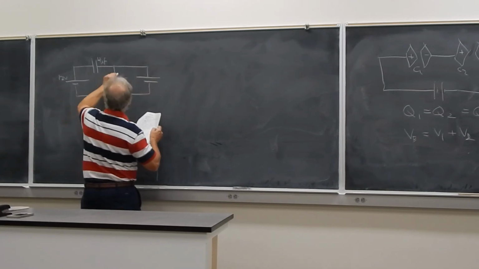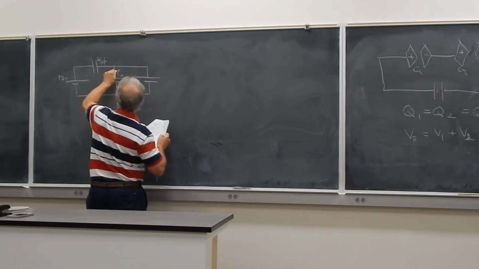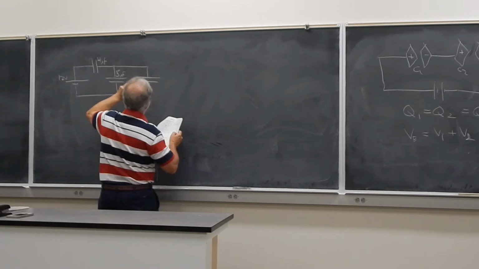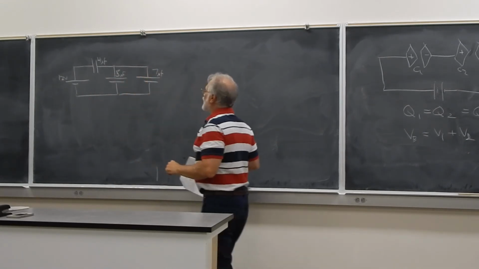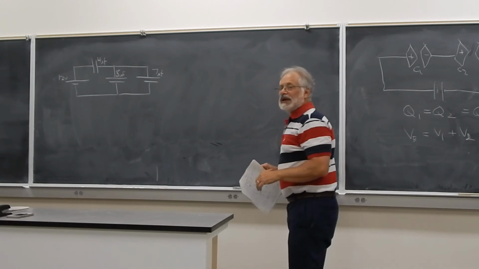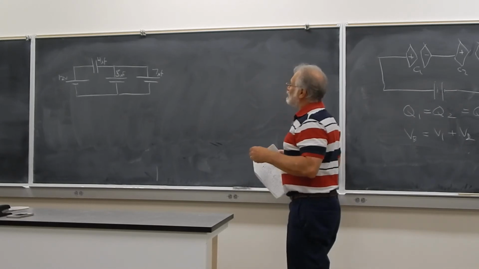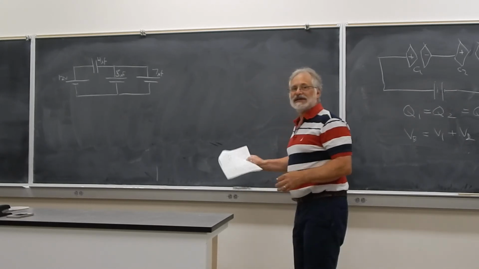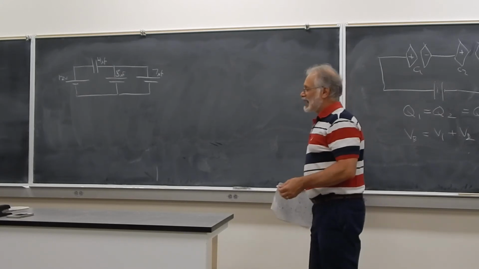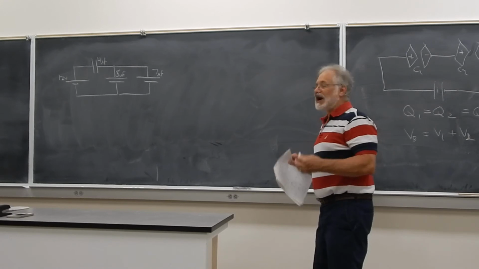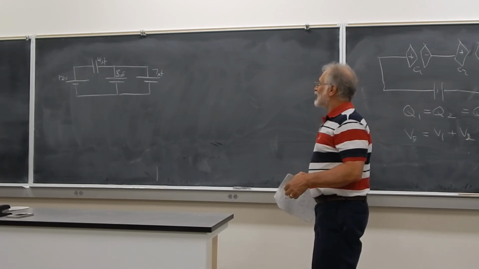And I have a 5 microfarad capacitor here, a 5 microfarad capacitor here, and a 7 microfarad capacitor here. And the question is going to be, first, find the equivalent capacitance of that circuit. Secondly, find the voltage across each capacitor and the charge on each capacitor.